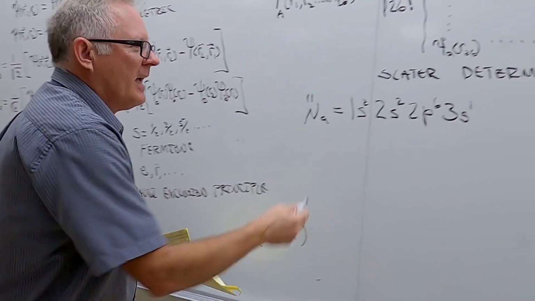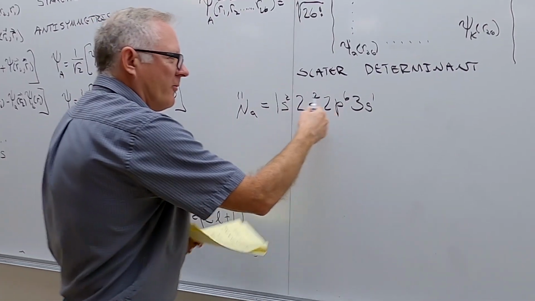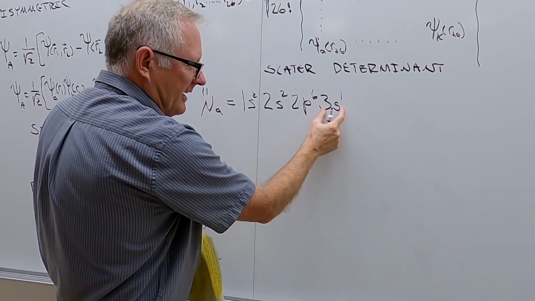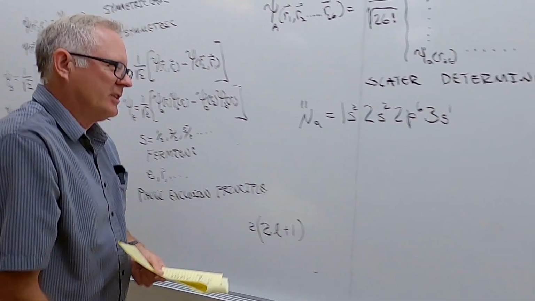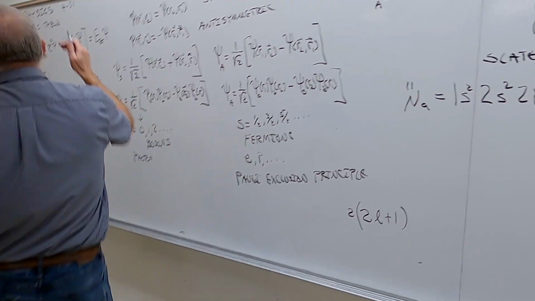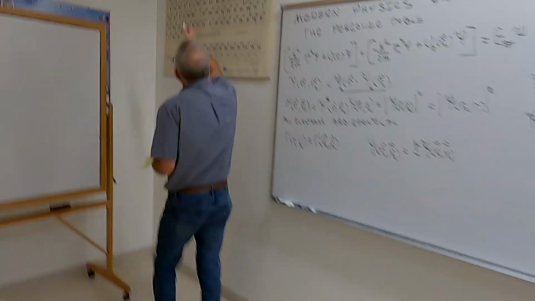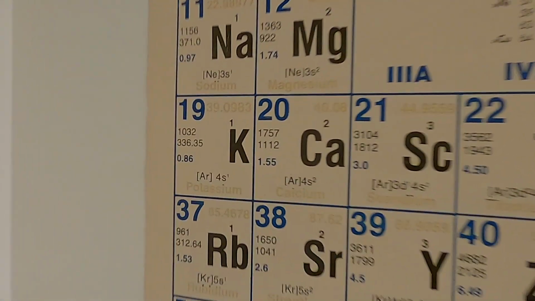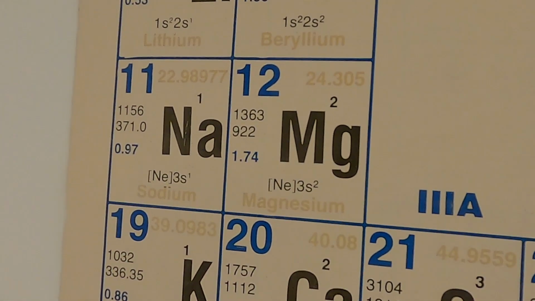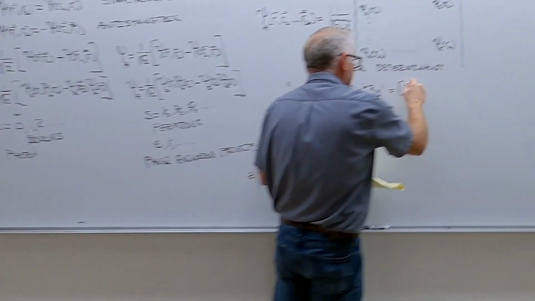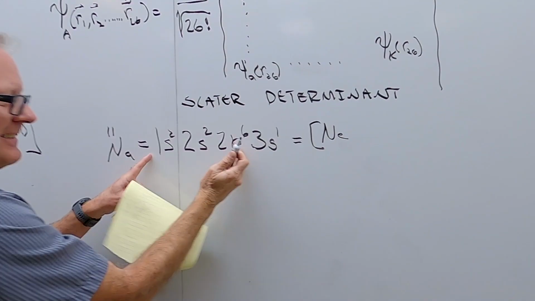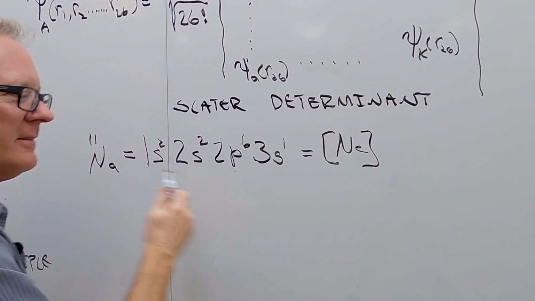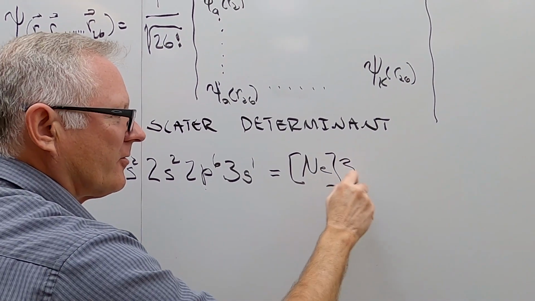And you notice that we have filled up this shell, and we're just starting to fill up the third shell. And that's why it's the first item over here on the left side. Sodium is just beginning to fill up the third shell. Okay, and then sometimes they'll write this as neon, so they don't have to write it all out. This is neon completely filled up, and then you just add the 3s1.